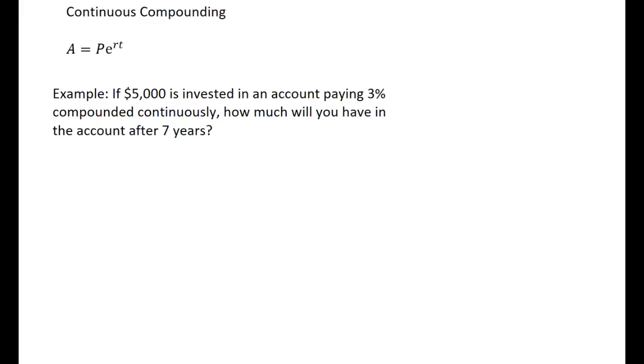Now, if something's compounded continuously, that means it's compounded an infinite number of times per year. And what happens is it simplifies to this nice little formula. A equals P times the number e raised to the rt power. So let's do this with compounding continuously. A will equal 5,000 times e to the 0.03 times 7.